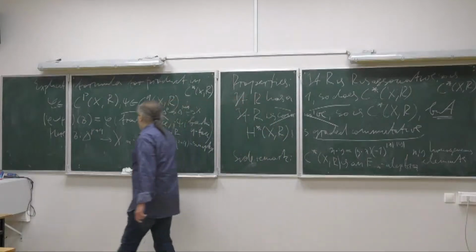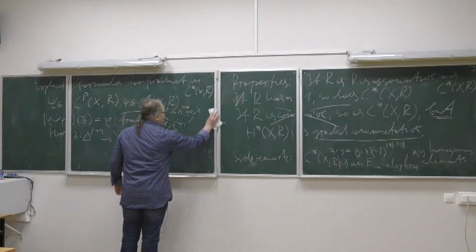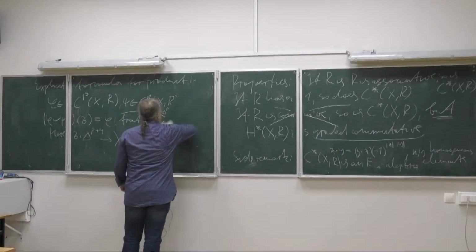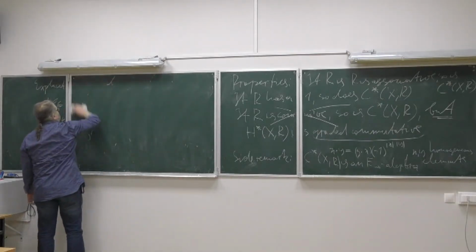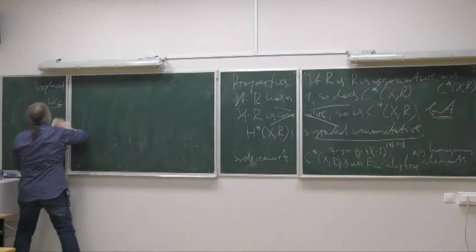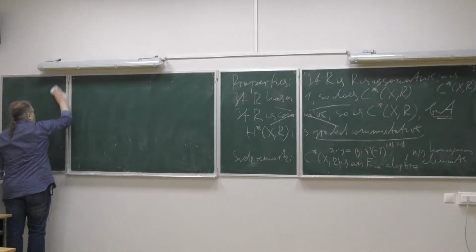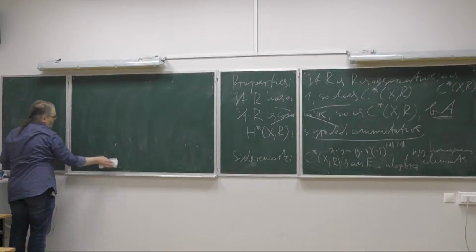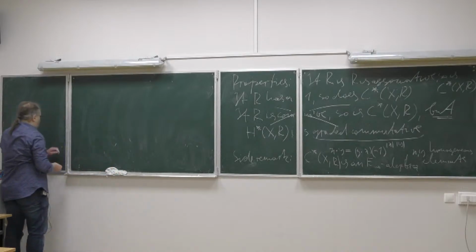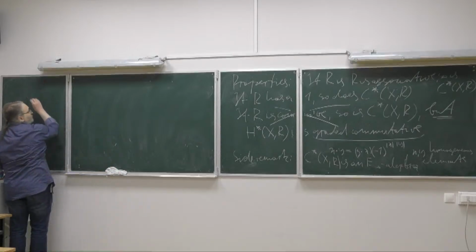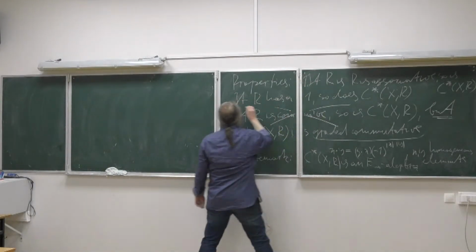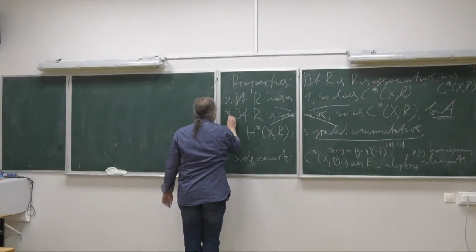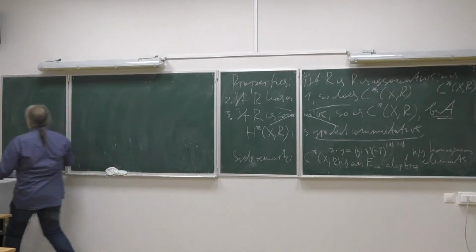Now, another thing which I need to say is that let's call this property 1, property 2, property 3, and property 4.